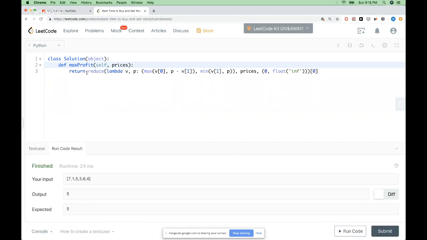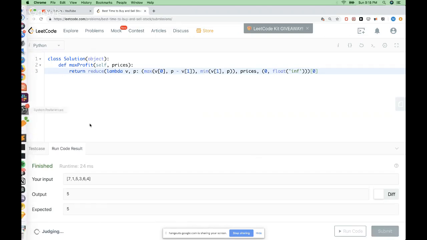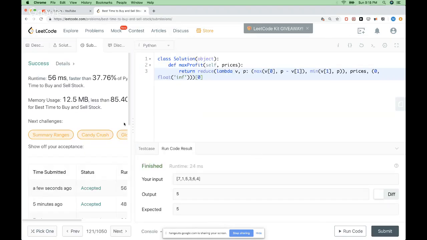Basically, often when you have a for loop that is doing some accumulation or some aggregation, then you can replace it with reduce. So let's submit this. Okay, so that passes.